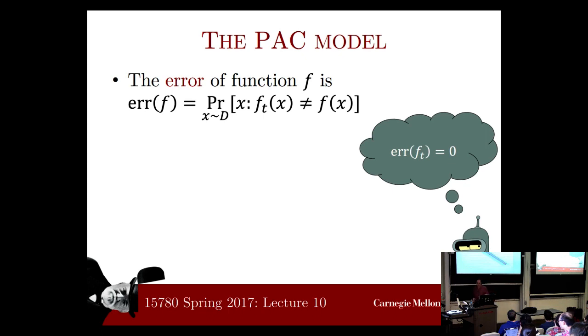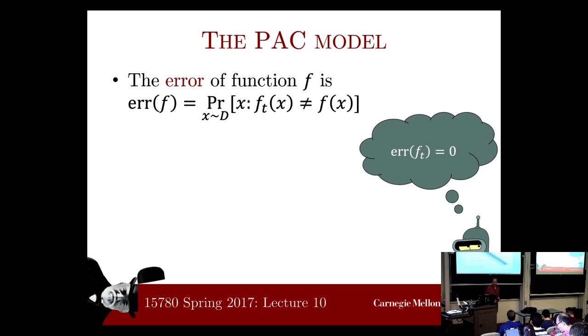Cool. So let's try to be a bit more formal about what we mean by wanting this process to be accurate. What do I mean by accuracy? And also think about what the words probably and approximately mean. So we'll first define the error of a function, and this is relative to a distribution D and some target function f sub t.